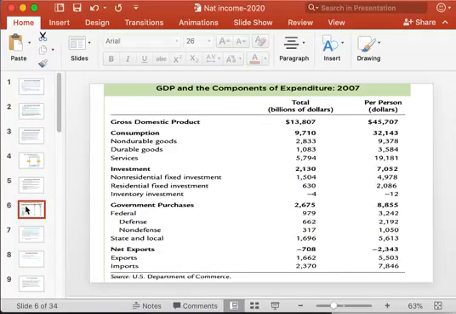So here is an example of how GDP is calculated from the point of view of expenditure. So you can see the total gross domestic product, GDP, in billions of dollars here, 13,807, and per person GDP here.